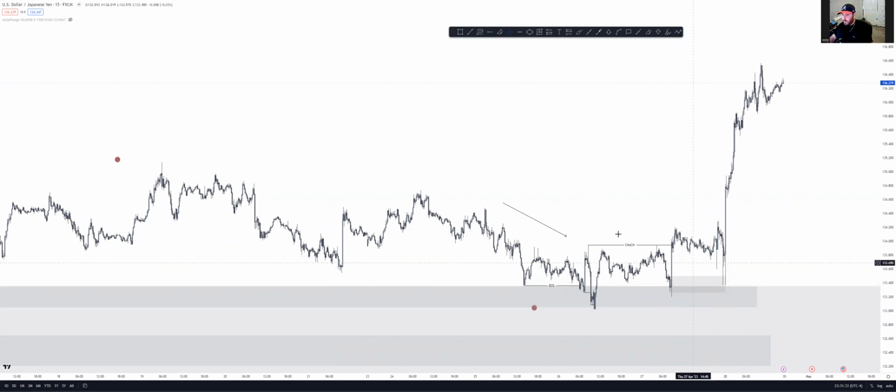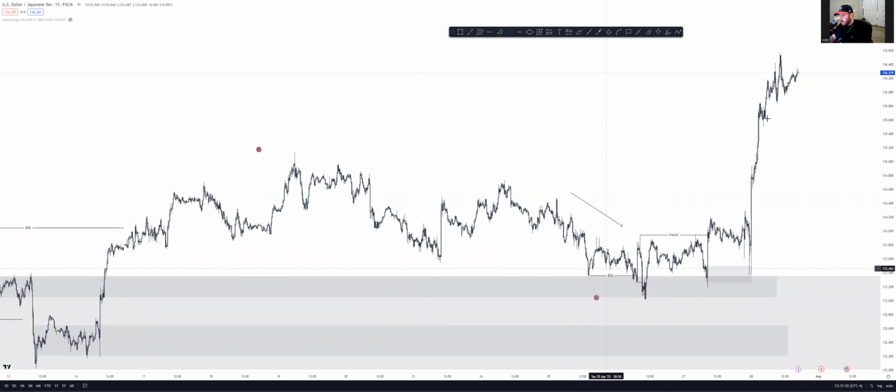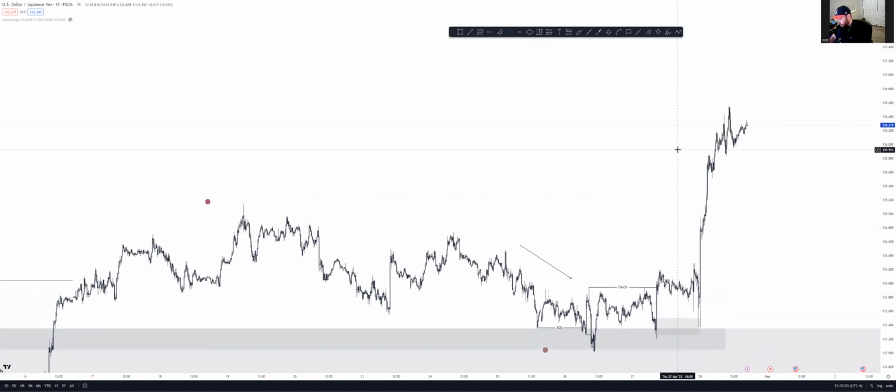If you look at the video from last weekend where I did the weekend outlook, pre-market open, I had anticipated this price action because I knew that after price taps into this area right here, we were going to push big time because we had to break major highs.